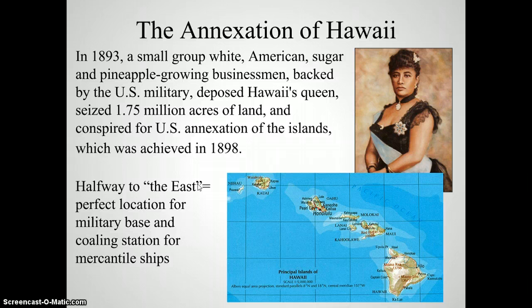The American planters that are there face several business issues. The first is that they have to export their product to the United States, and because it's coming from a different nation, they're facing various tariff issues within the United States. On top of that, they're a foreign business in the nation of Hawaii, and so they face tax issues that way.